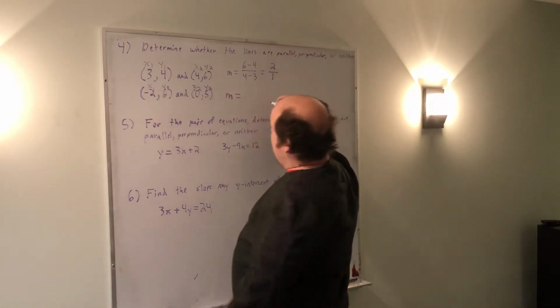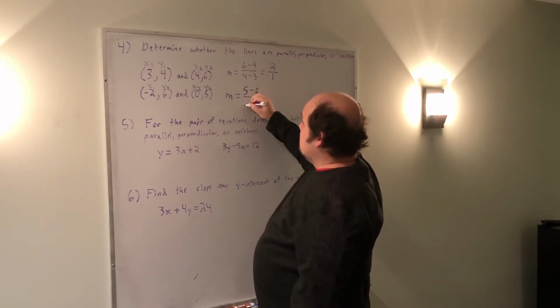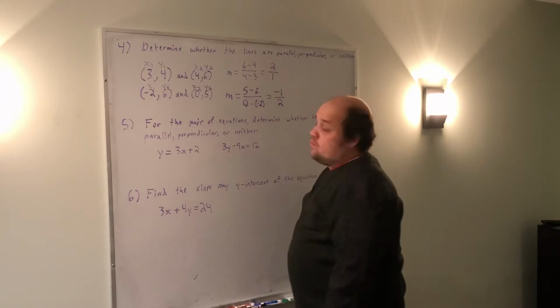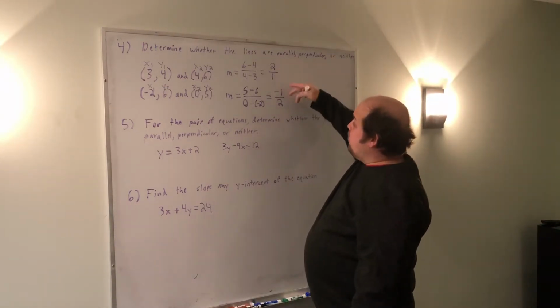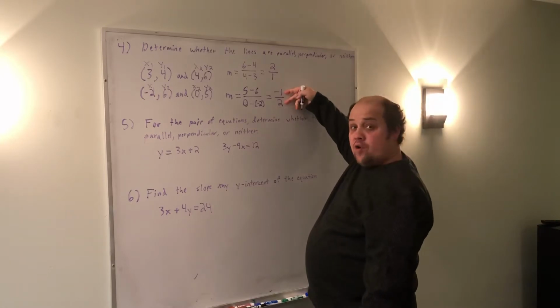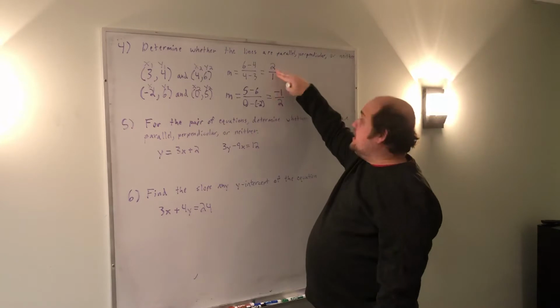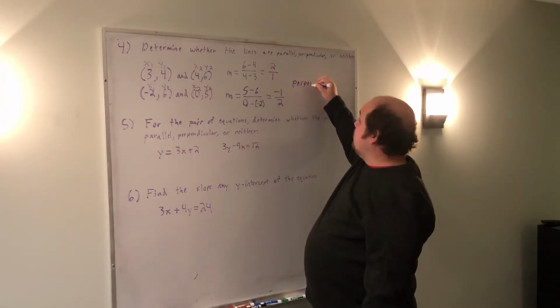For our second slope, we get 5 minus 6 over 0 minus a negative 2. That becomes negative 1 over positive 2. When I look at these two slopes, 2 over 1, if I were to flip it, would become 1 over 2. This one's positive, this one's negative, so these are negative reciprocals. That's why my answer would be perpendicular.